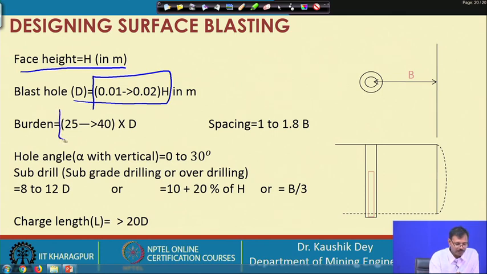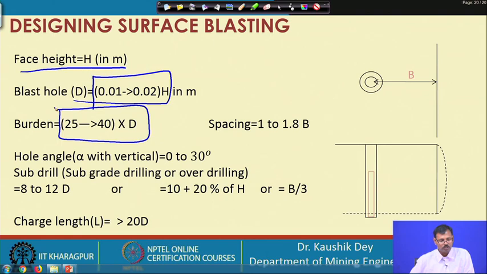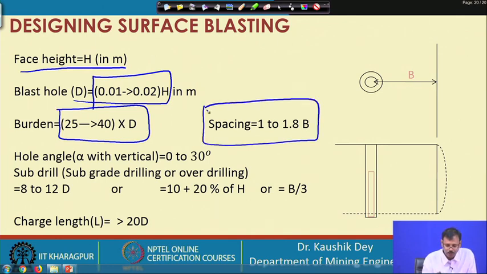The burden is a function of diameter, which may vary 25 to 40 times the diameter of the blast hole, and obviously this depends on the type of rock. Spacing is a function of burden, which may vary from 1 to 1.8 times the burden. Inclination of the hole angle may vary up to 30 degrees. Normally we do not go for an inclined hole angle unless it is essentially required.